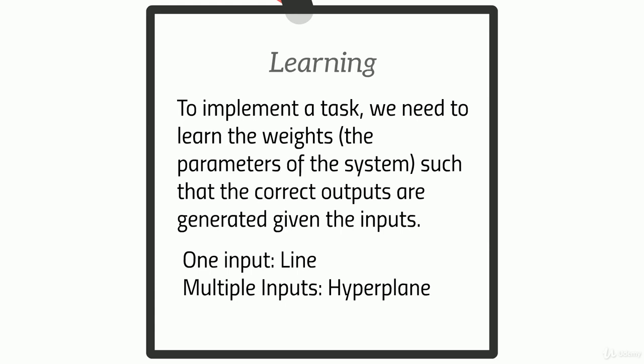But with more than one input, the line becomes a hyperplane. Now the perceptron with more than one input can be used to implement a multivariate linear fit. All we're doing is adjusting these weights, or parameters, same thing, so that we get the output that we want.